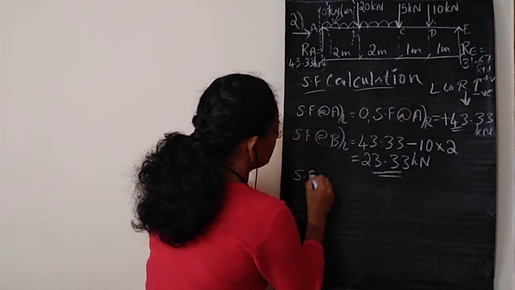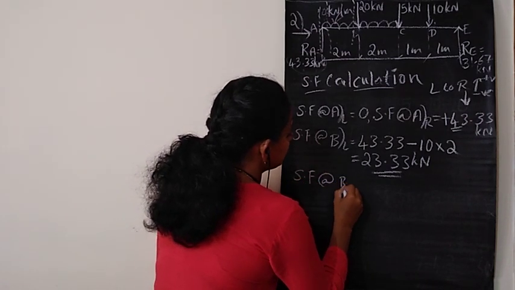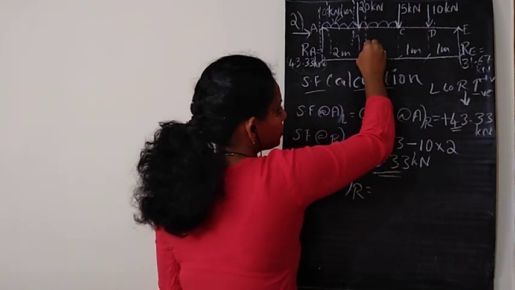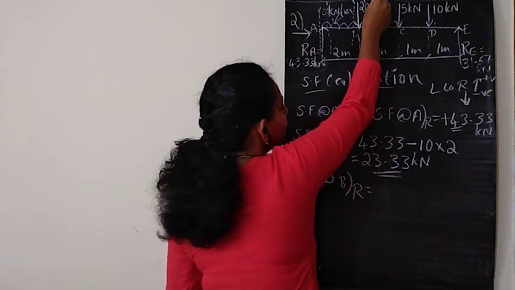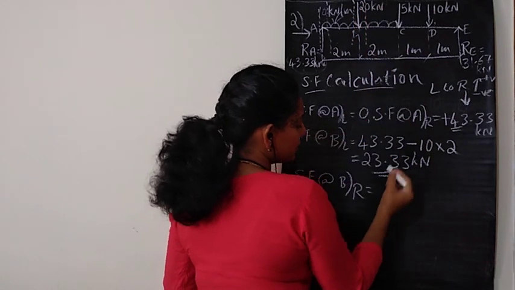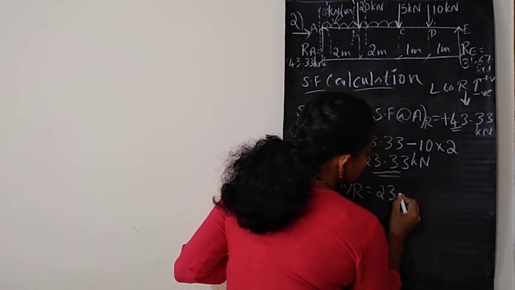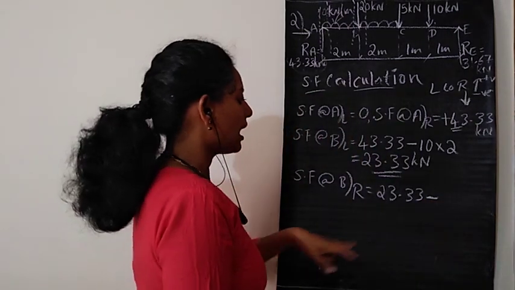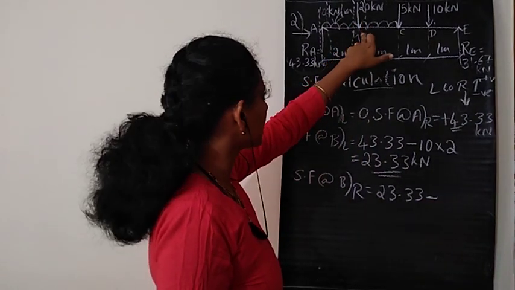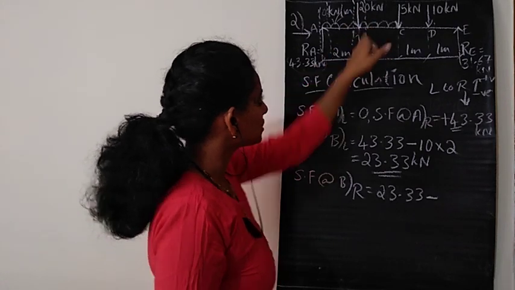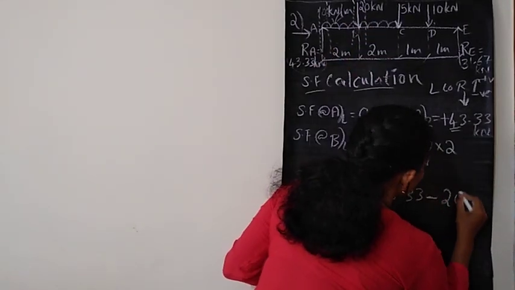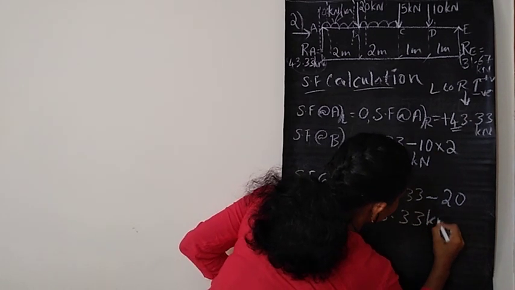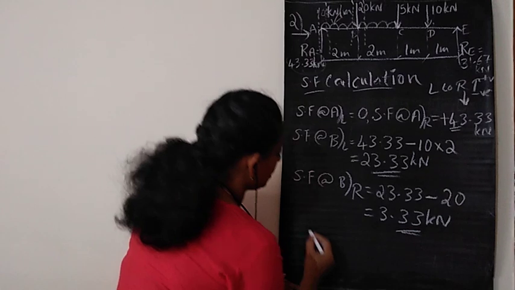Next, shear force at right of B. Suppose your section is here, right of B, you have to consider this force. Just directly take the previous value, that is 23.33, and then you just subtract or add the value according to the sign convention. So this is minus 23.33 kilonewton.